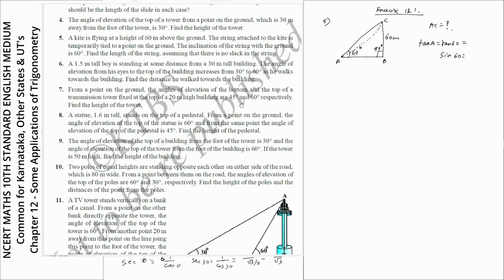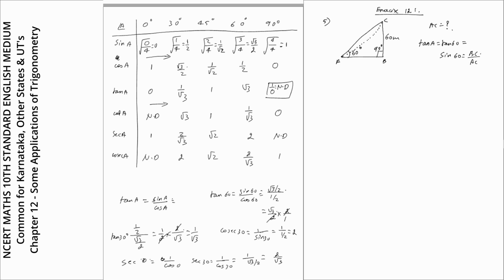So sine of 60 degree is opposite by hypotenuse, that is BC by AC. What is sine of 60 degree? You can see in the chart, sine of 60 degree is root 3 by 2. So root 3 by 2 is equal to BC, which is 60 meters, by AC.